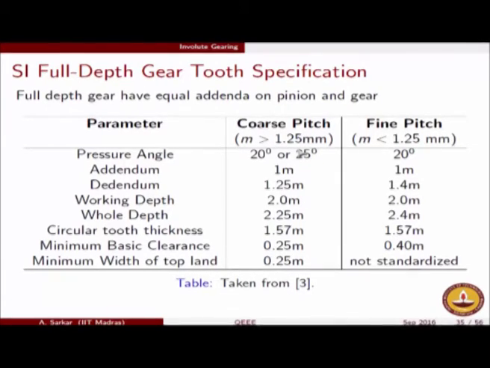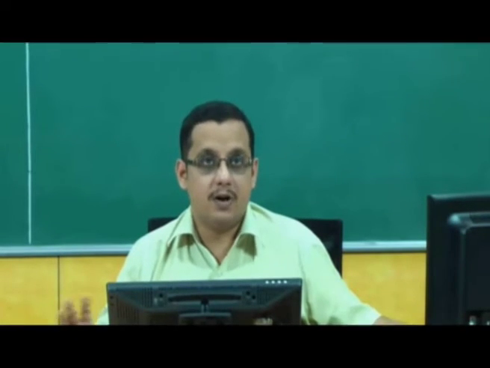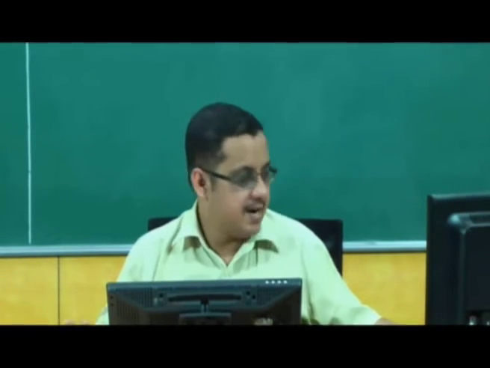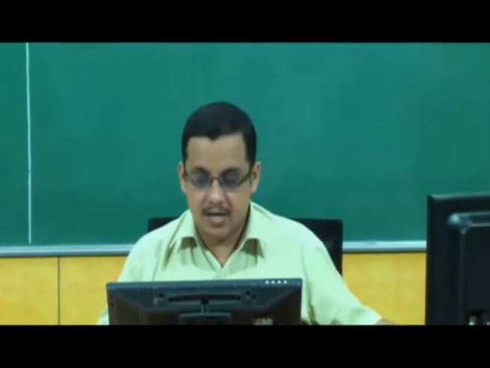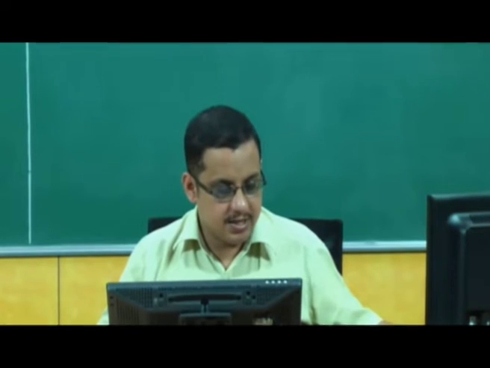They have just sat down and decided 1.25 millimeter is the critical point, below which they will call it fine pitch and beyond which they will call it coarse pitch. That is just a part of standardization. We have no role to play here. Okay, I hope that question is answered.